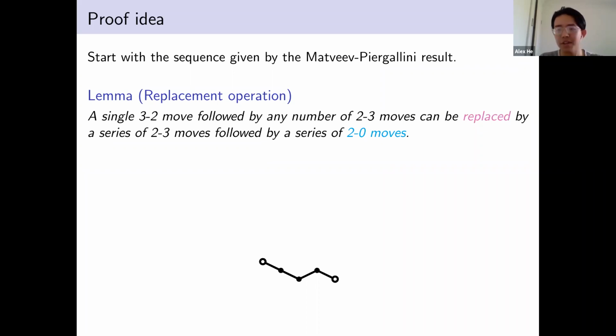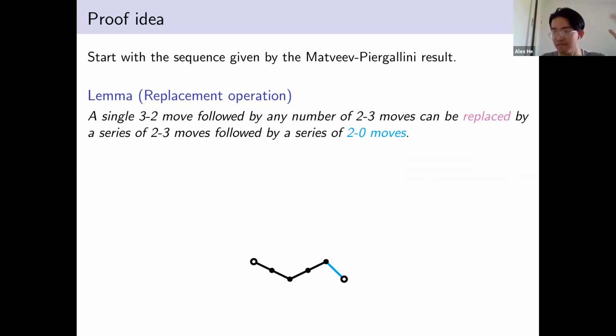We've already seen a version of this lemma. The really easy thing that we proved before was a single 3-2 move followed by 2-3 moves. You've got a single 3-2 move followed by 2-3 moves, and we've already seen that you can replace this with a 2-3 move followed by a 2-0 move.